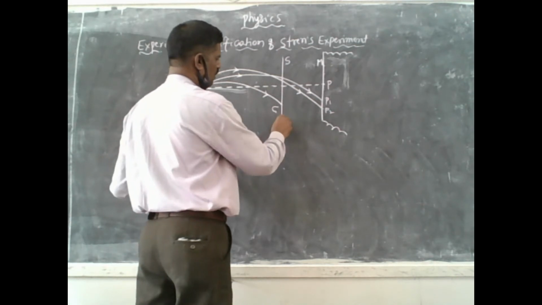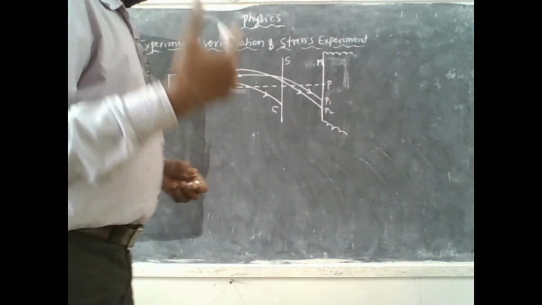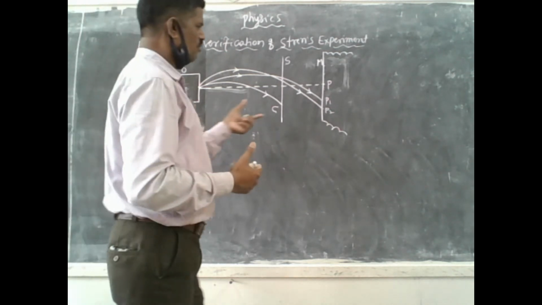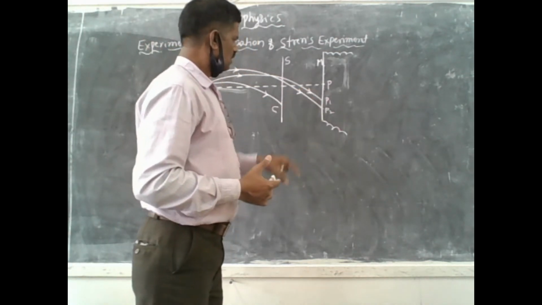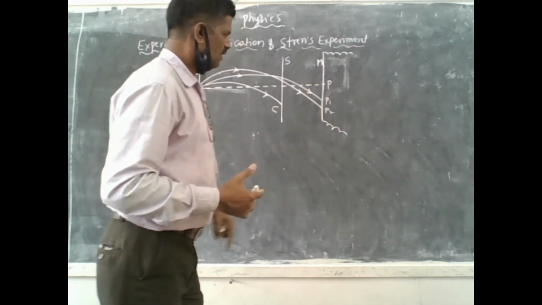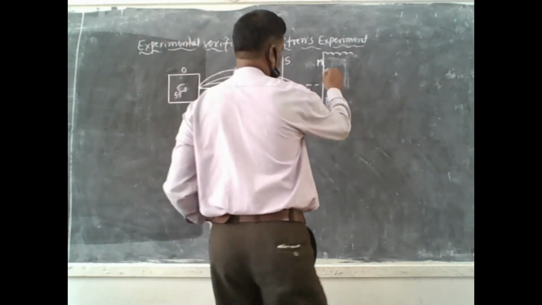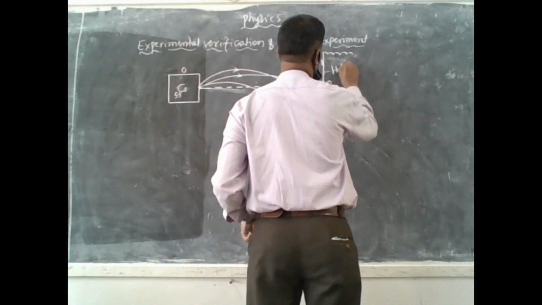The fast moving atoms are deposited at various places on the hot tungsten wire.